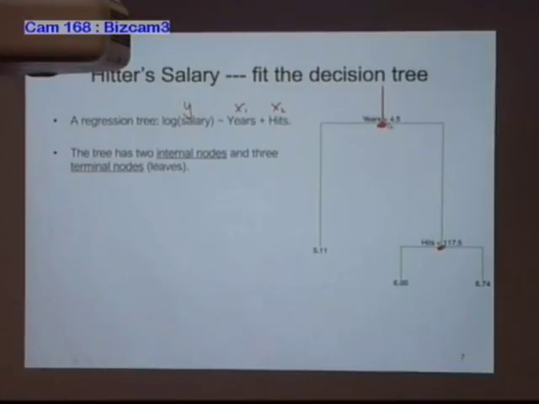In this case, this is the final solution: the first splitting is based on a logical statement about x1, whether these players have more or less than 4.5 years of experience. That's a simple condition, and everybody has a yes or no answer to it. So you can check their data points, and if the answer is yes, these people go to the left branch. If the answer is no, they go to the right branch. That's just a convention with no particular meaning, but you're basically separating them into two.